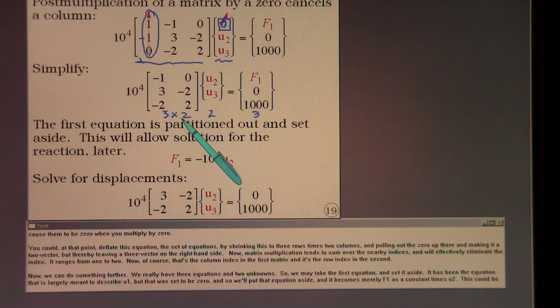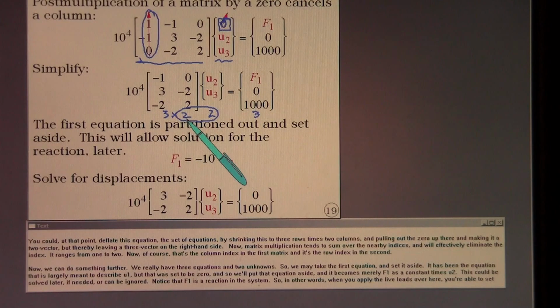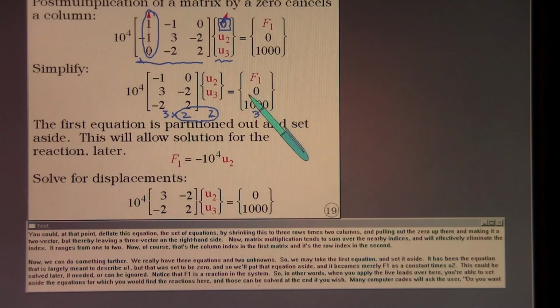Now, matrix multiplication tends to sum over the nearby indices and will effectively eliminate the index that ranges from 1 to 2. Now, of course, that's the column index in the first matrix, and it's the row index in the second. Now we can do something further. We really have 3 equations and 2 unknowns.